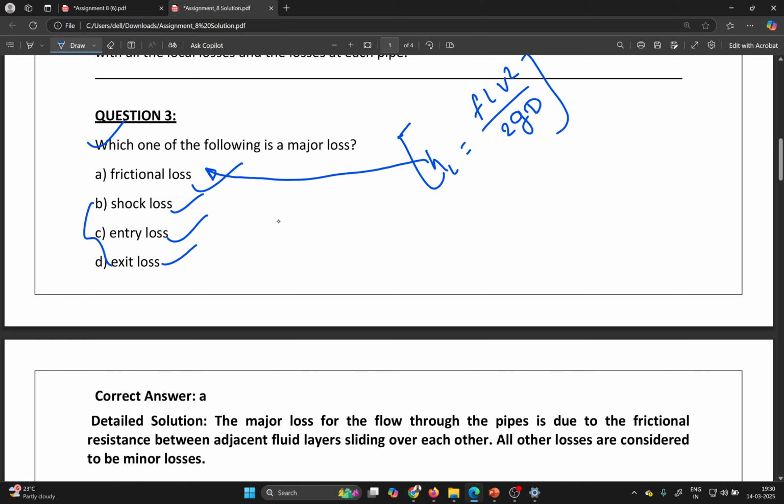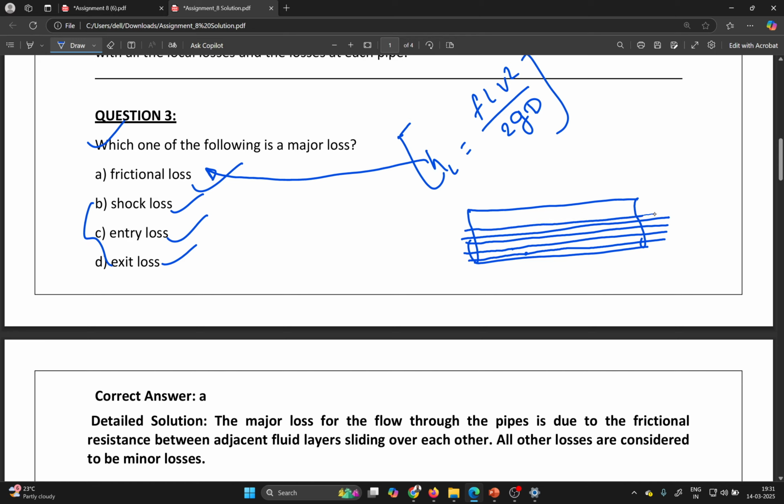Just imagine there is a pipe, and one fluid layer is flowing here, another here, another here, another here, another here, another here.